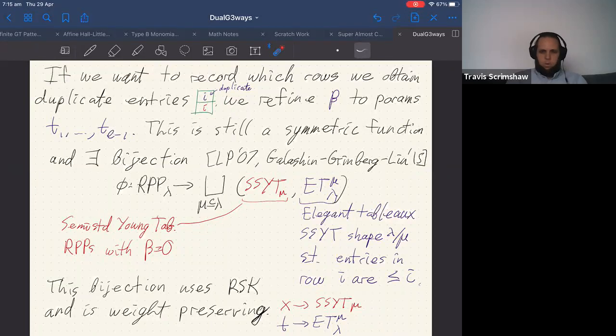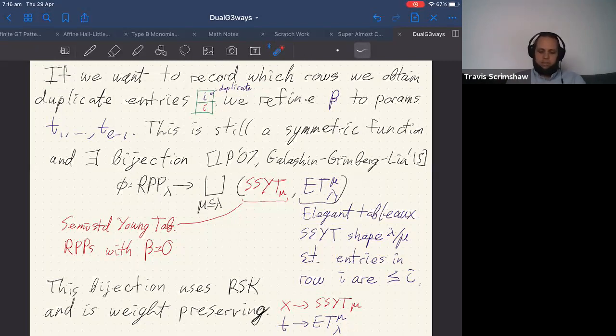So when we've done this, we've just had this extra parameter beta that encodes the degree, but we could actually be a little bit more particular about this, where we want to record the row that the duplication happens. And so this takes that parameter beta and refines it into parameters t1 up to tl.